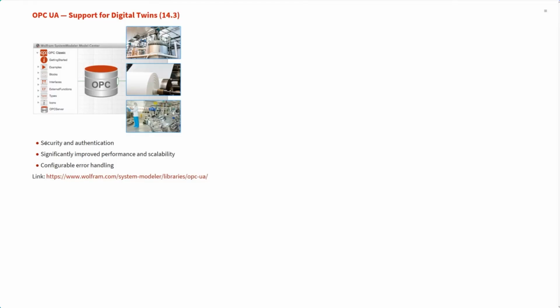So of course, if you're running something online, you don't want anyone to access that data. So security and authentication is super important. We also significantly improved the performance and scalability. So for those of you using OPC UA today, you will find a big increase in speed, which of course is also very important if you want to sync with real-time data.